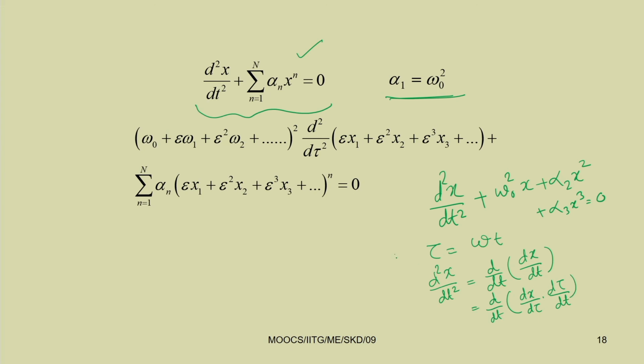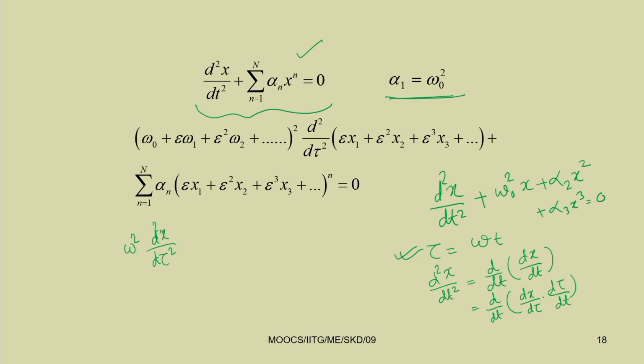From this equation, d tau by dt equal to omega. Again, this d by dt can be written as d by d tau into d tau by dt, so omega into omega, which gives omega square. So, the first term will be equal to omega square d square x by d tau square.